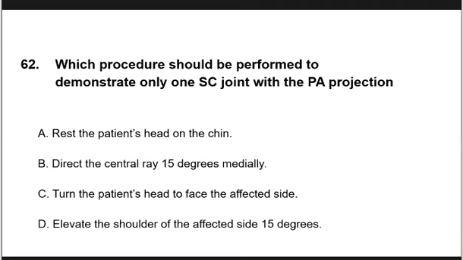Okay, so let us go now to number 62. Which procedure should be performed to demonstrate only one sternoclavicular joint with the patient in PA projection? Sir, number 61 pa lang tayo, sir. 61? Yes, sir.